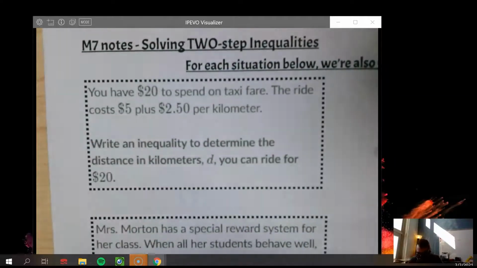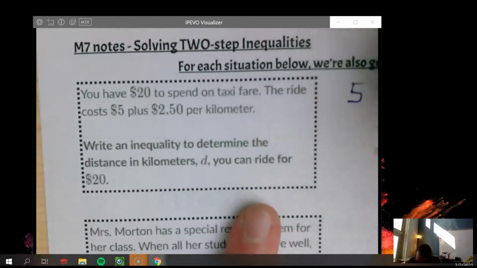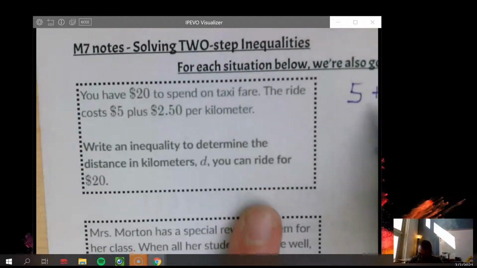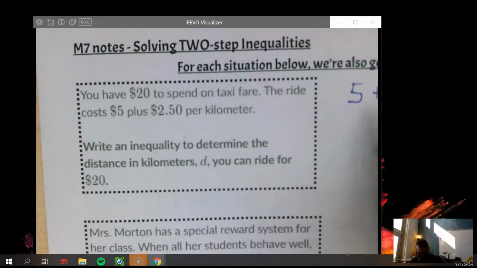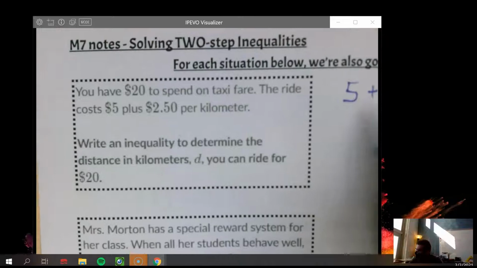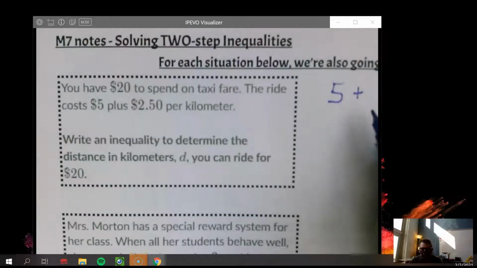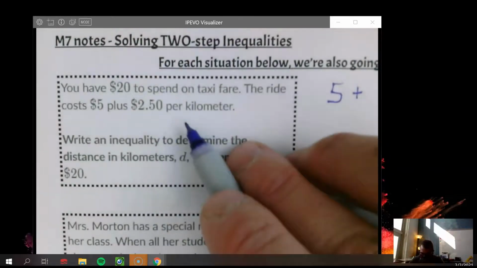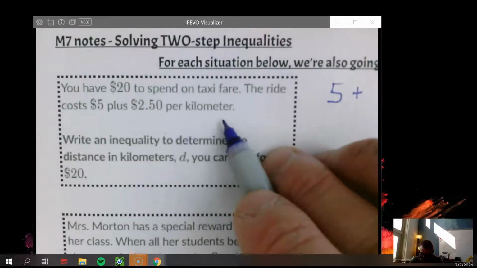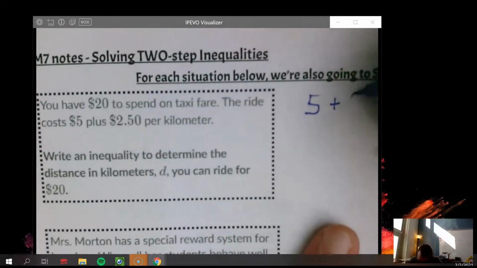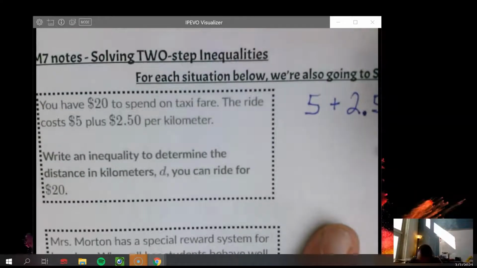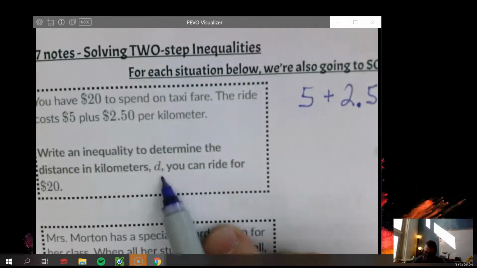Good job. We start at 5. So we're going to say we start at 5, and then we also get charged. Lily, what else do we get charged? Yeah, per kilometer. Guys, this is what the rest of the world uses. So plus $2.50 times the number of kilometers, which they say use D for distance.